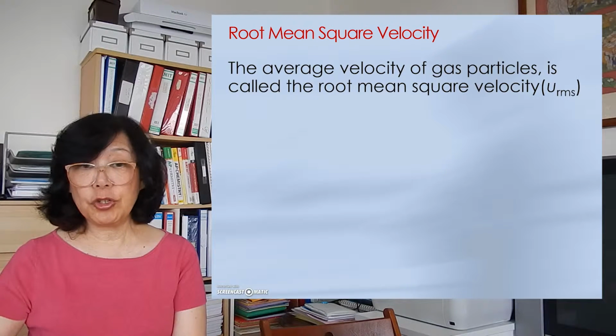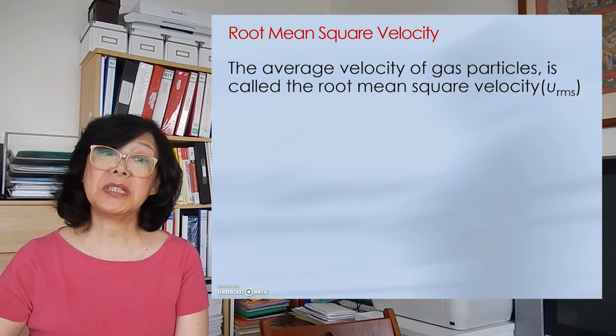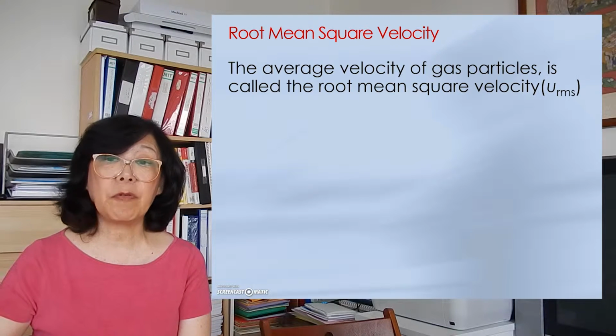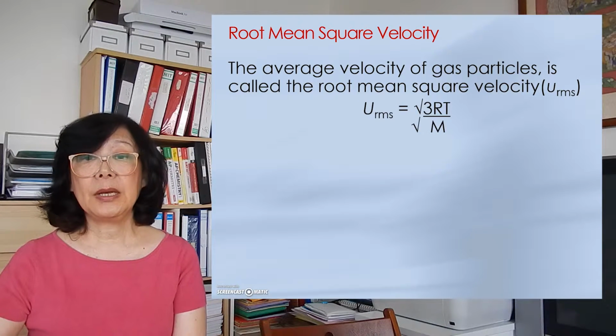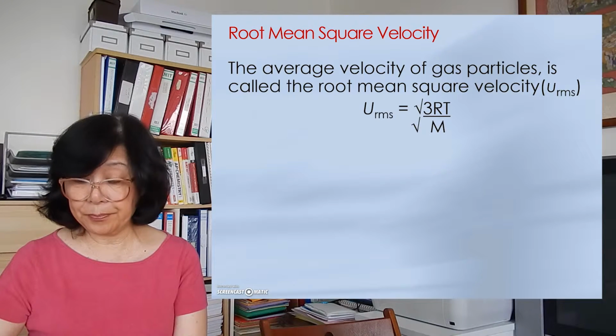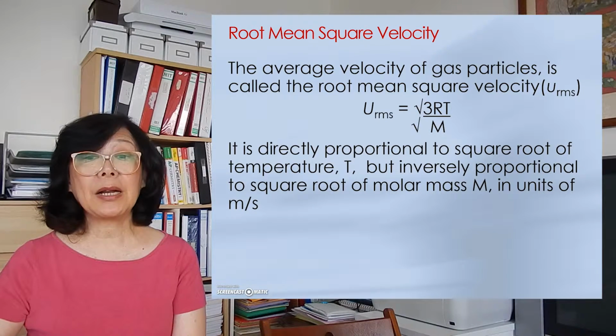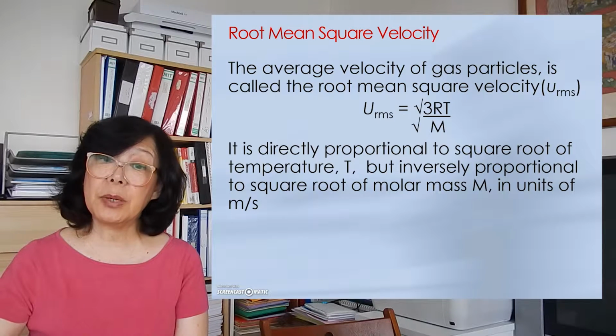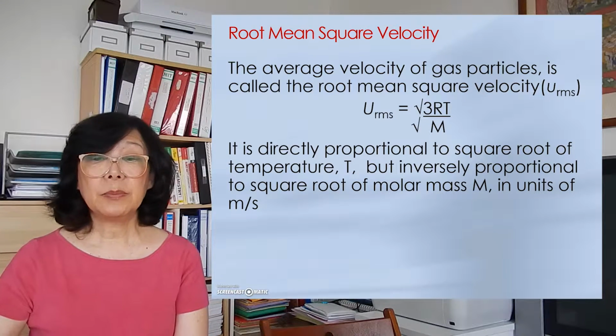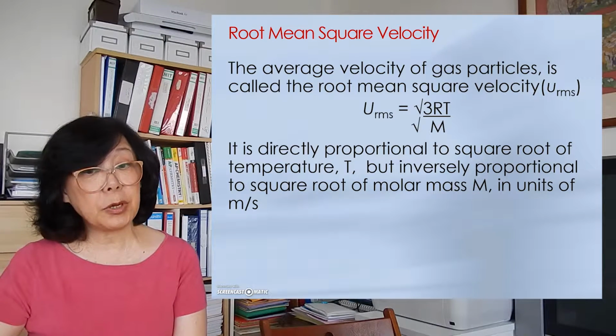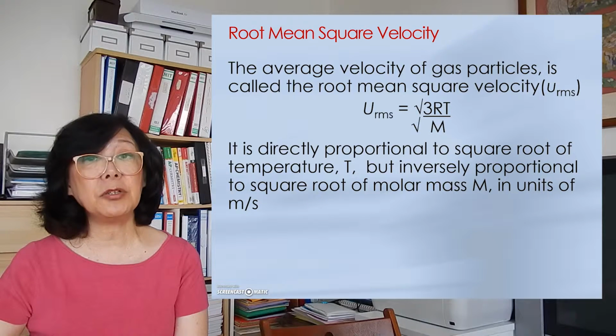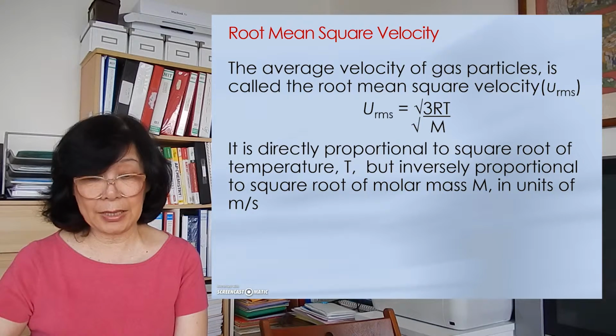The average velocity of a gas particle is defined as the root mean square velocity, and it is equal to the square root of 3RT over M. It is directly proportional to the square root of temperature, T in Kelvin, but inversely proportional to the square root of the molar mass, M, in units of meters per second.